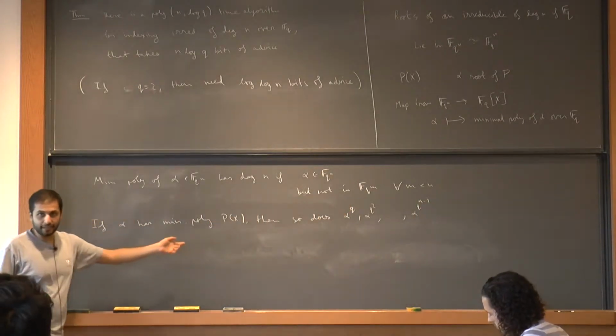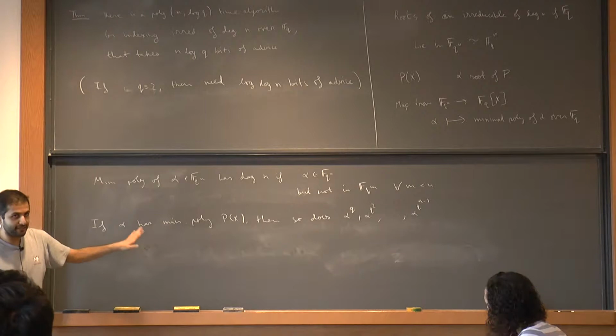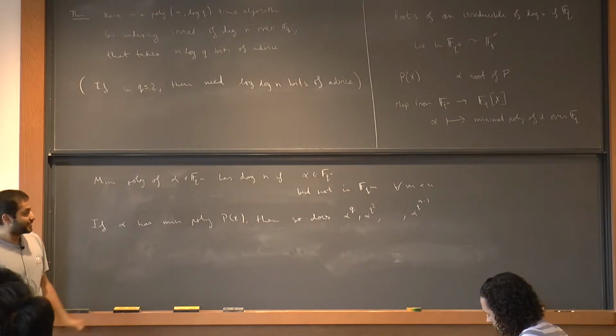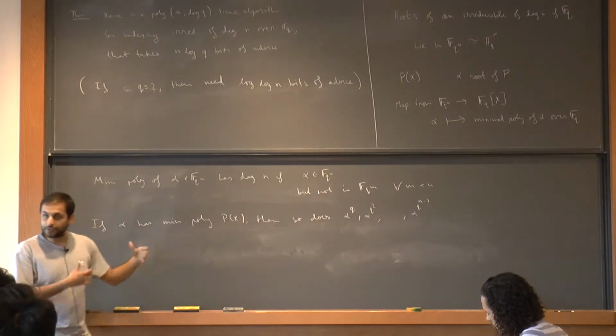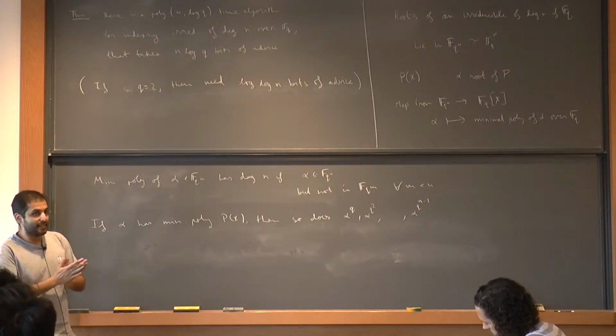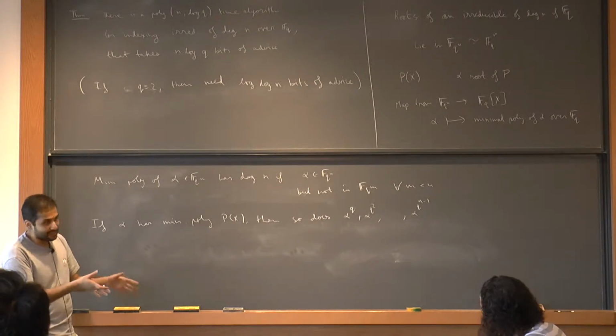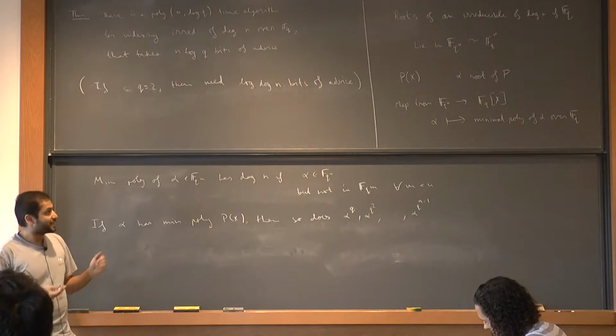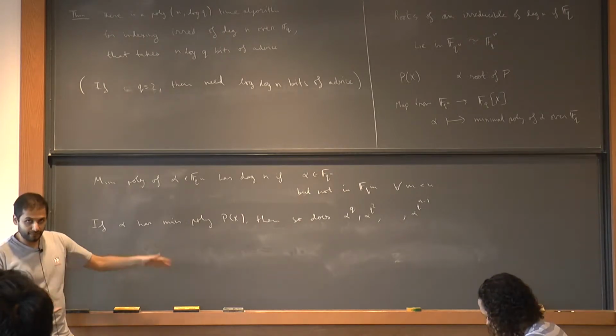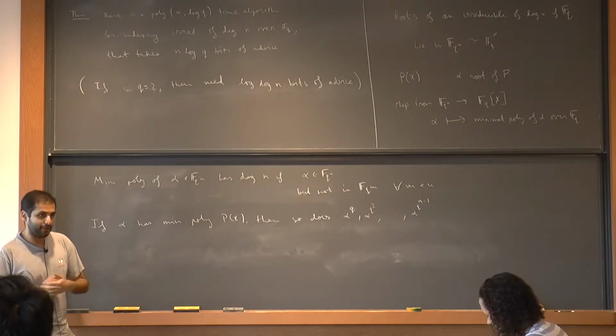All these other elements have minimal polynomials of degree n, and they will all lead to the same polynomial p of x. So this won't give us a bijective map between a nice set and the irreducible polynomials. It will give us an n to 1 map from a nice set to the set of irreducible polynomials of degree n.